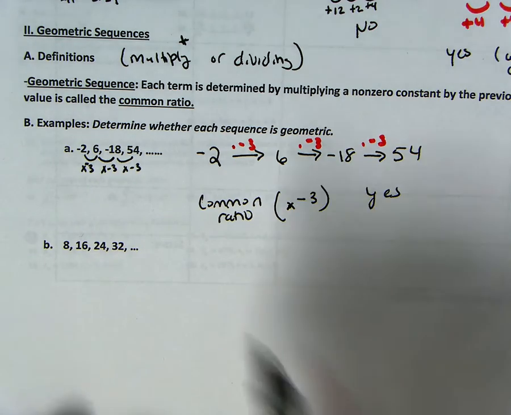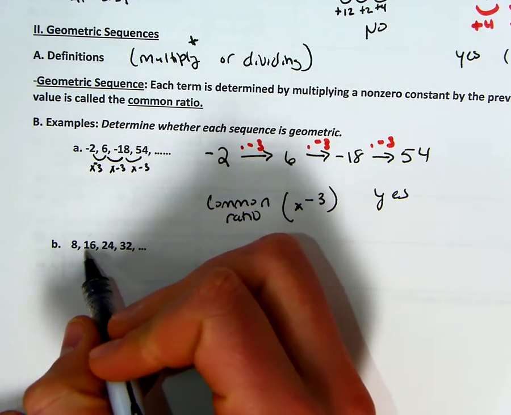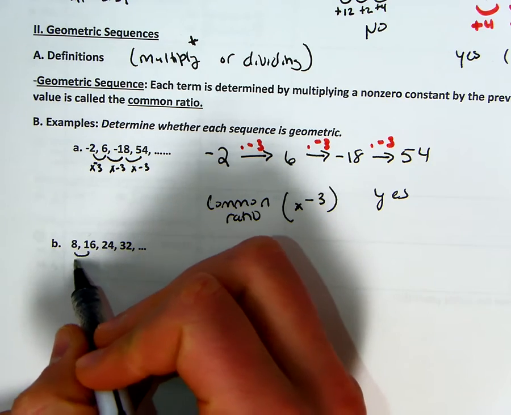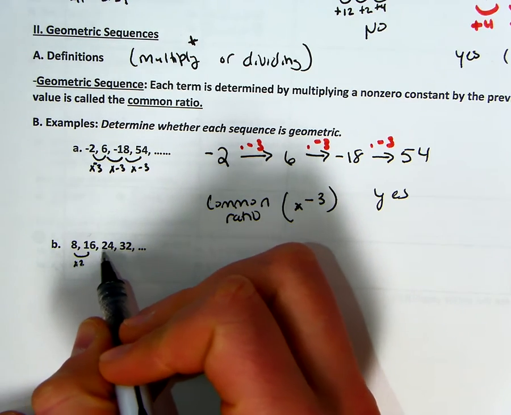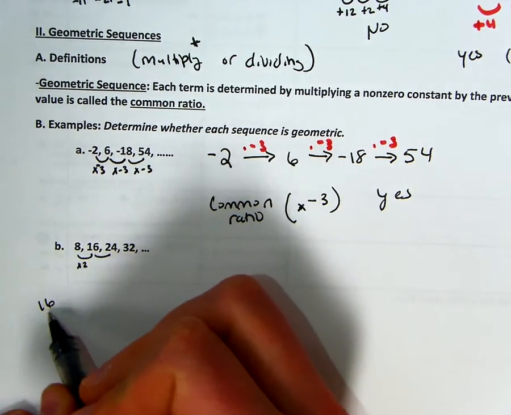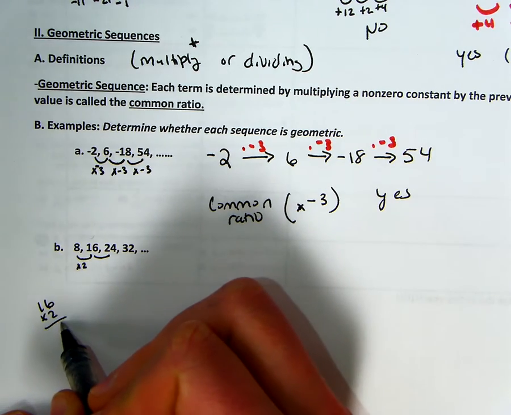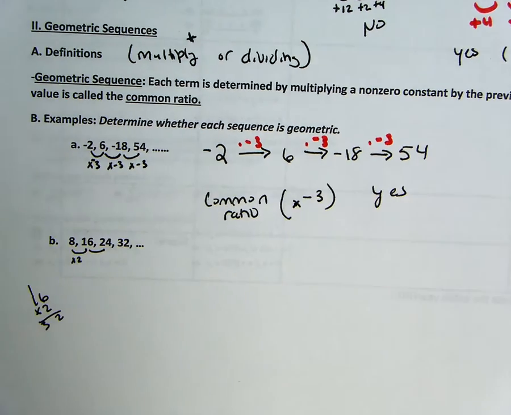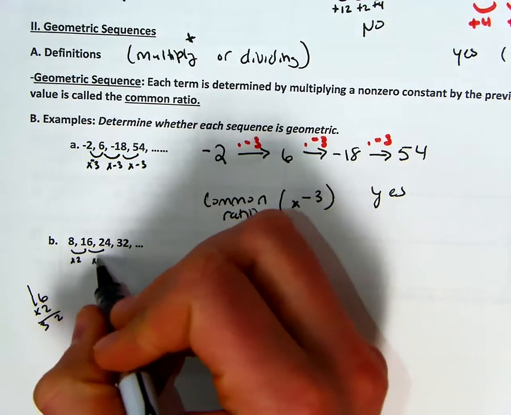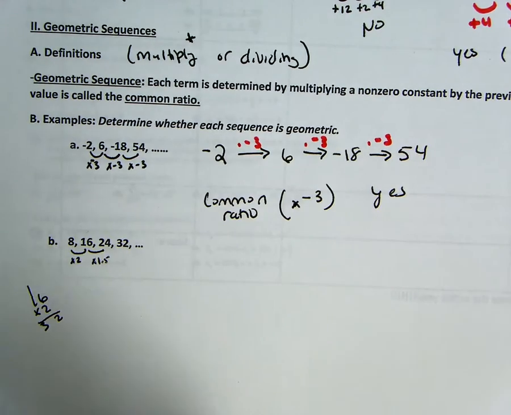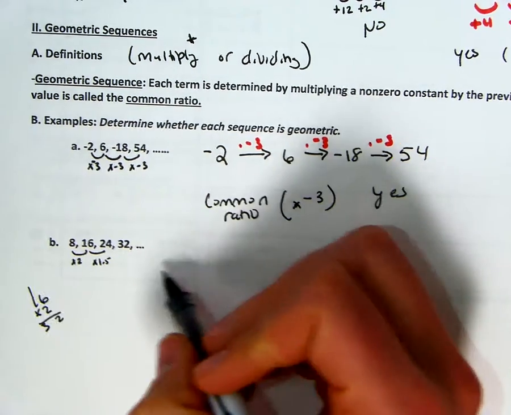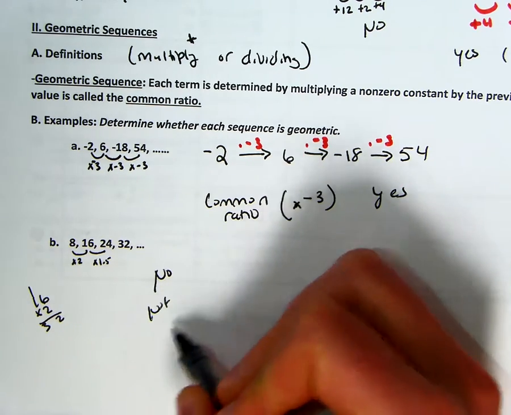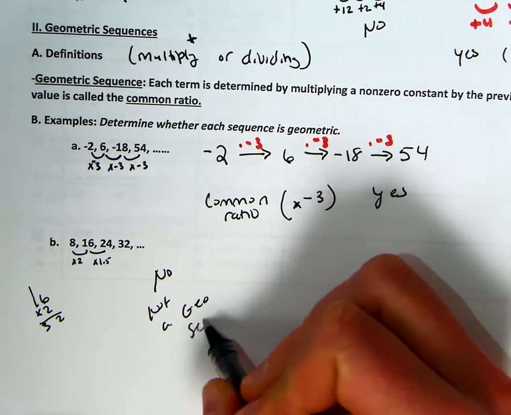And then B, let's see if this one is. From 8 to 16, I times it by 2. But then 16 to 24, 16 times 2 is 32. So this was, I think, times it by 1.5. Right there I can say, no, not a geometric sequence.